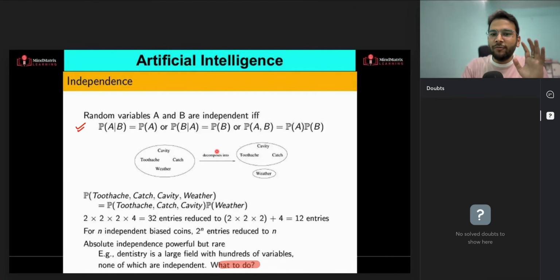How many of you know what is conditional independence? One, two. Even if you don't know, there is no need to worry. I will be explaining each and everything. I'm just curious to know how many of you know what conditional independence is. Independence, everybody knows, right?